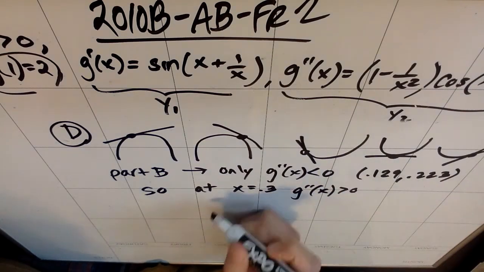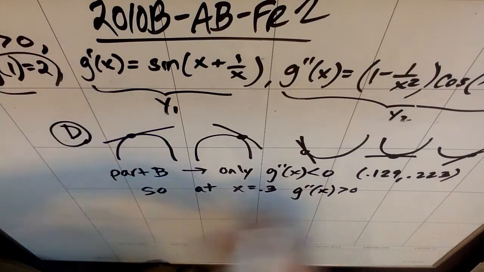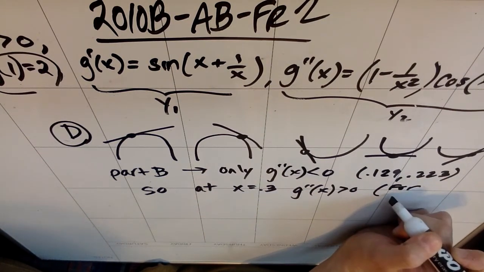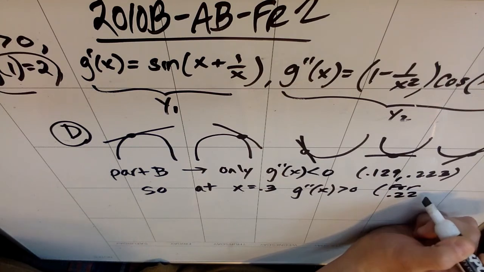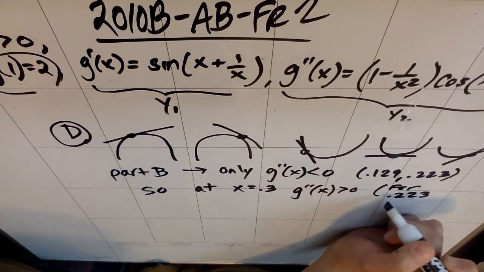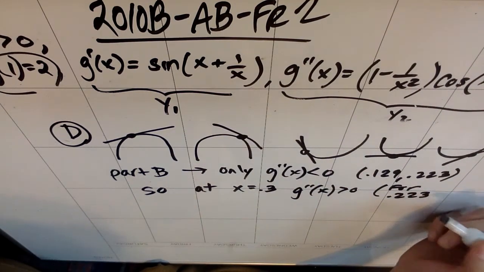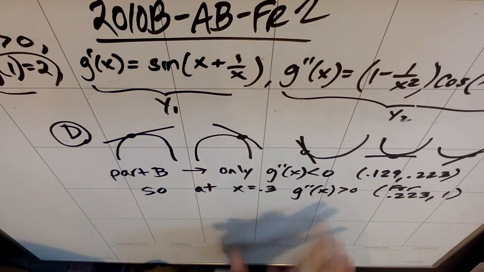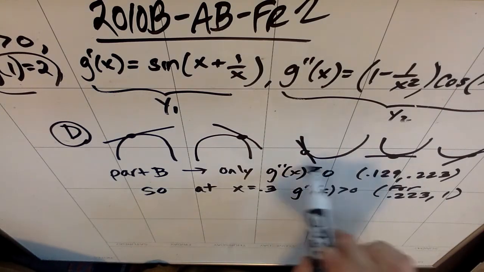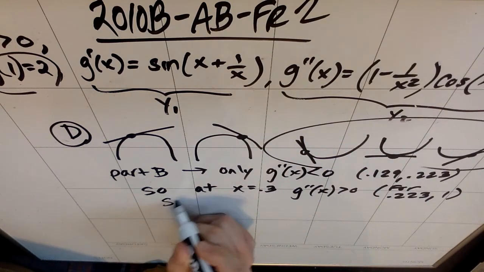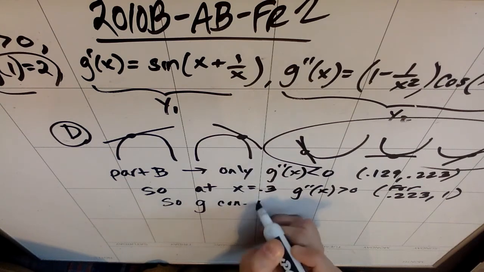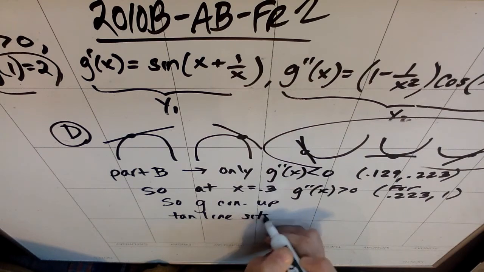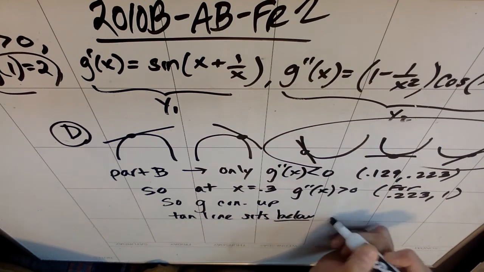In fact, it's greater than 0 from 0.223 upward until at least 1. So if g double prime is positive, we're looking at this situation. So g is concave up, which means that the tangent line sits below the curve.